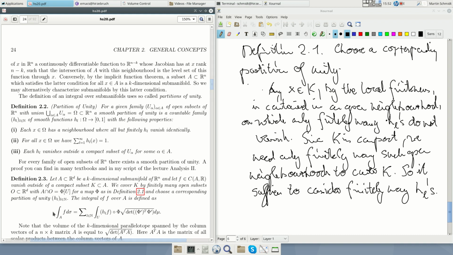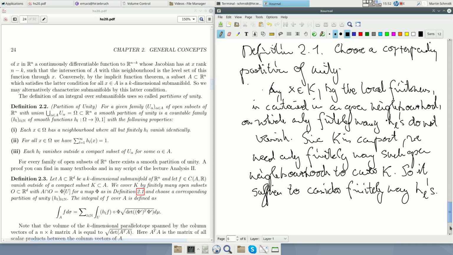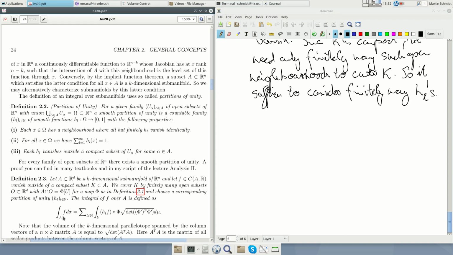Okay, and now we define the integral. Now we define the integral by this formula. We take the integral of f over A. This is now the definition.